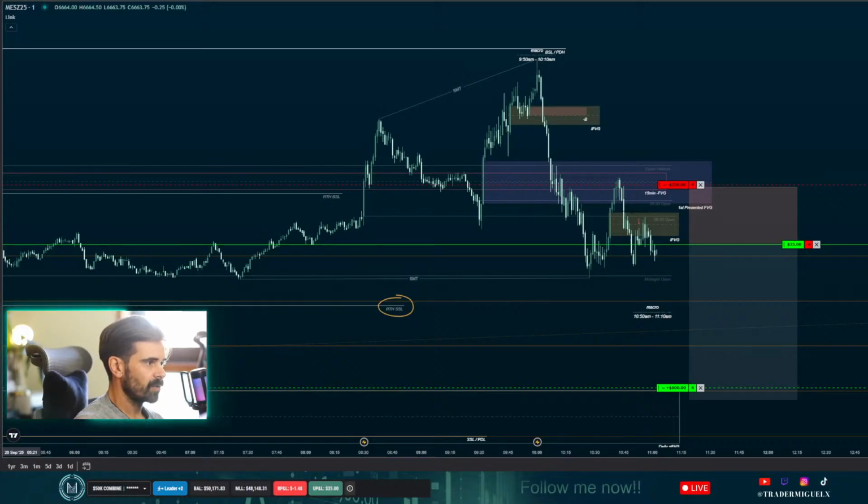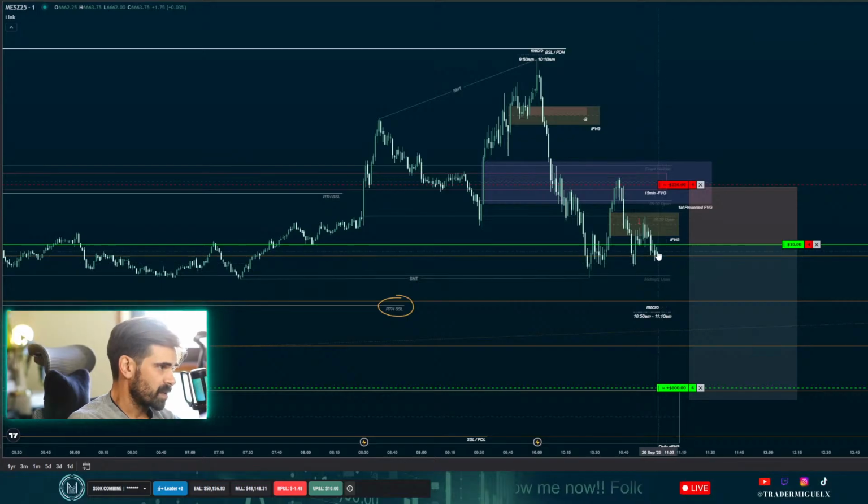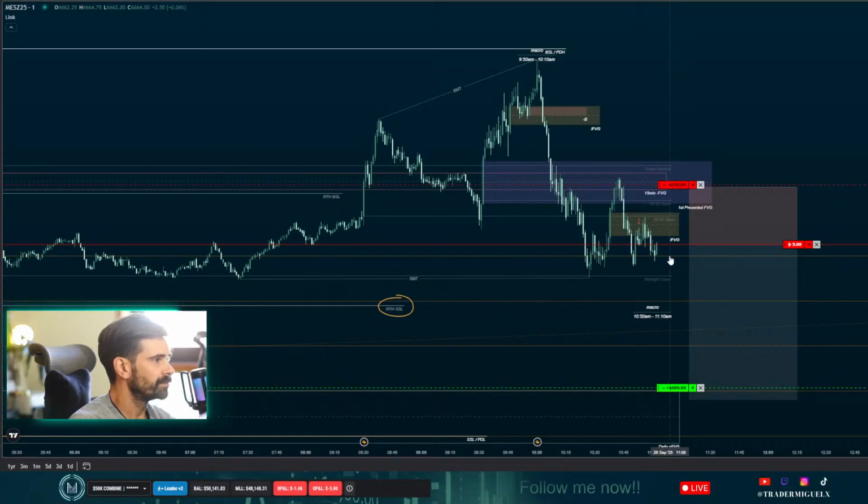Price is kind of slow here. I guess it's reaching support at the daily wick that we have here. So it's lacking speed right now.